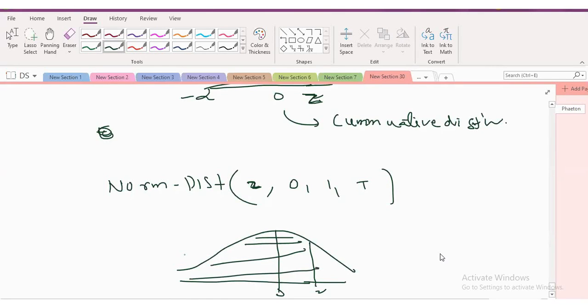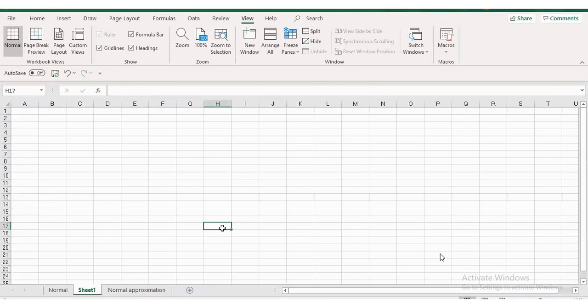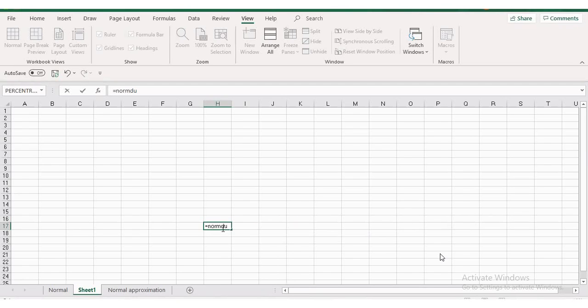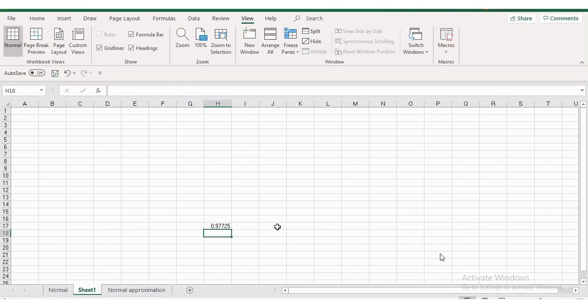So let us look at, if I use the function outside, NORM.DIST, 2, 0, 1, cumulative. 0.97725.